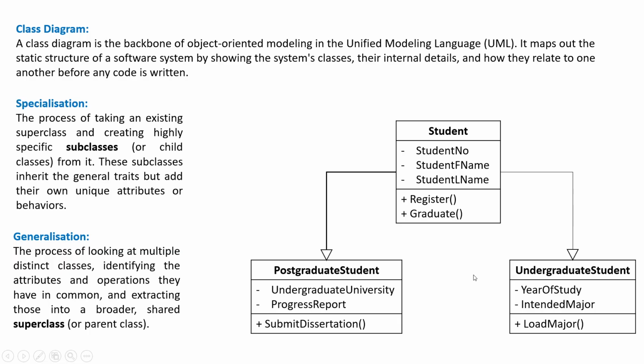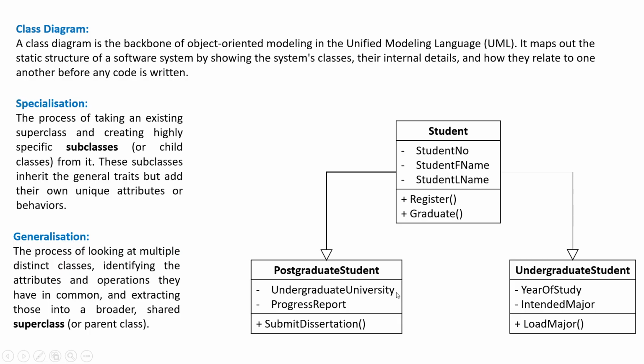So instead of duplicating functionalities and attributes, we decided to create a superclass that has those shared attributes and functionality that is shared by both the postgraduate student and the undergraduate student. And let's only keep what is unique to each of them, the unique attributes and the unique functionality.